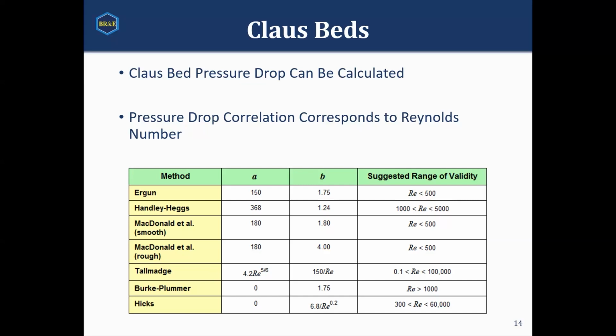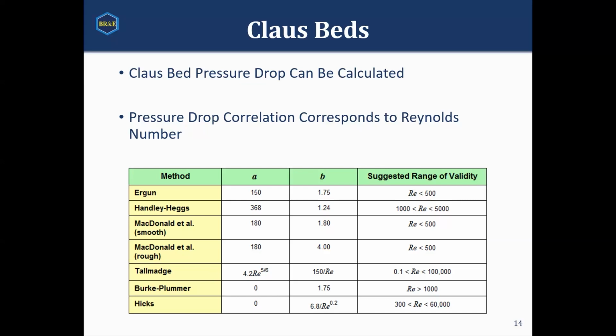Okay, so below I've grabbed this picture just from our ProMax help, and there are several different pressure drop correlations available with their suggested ranges of validity based off of the Reynolds number. Typically, we do fall in the Ergun pressure drop correlation. That's typically where this will fall under.